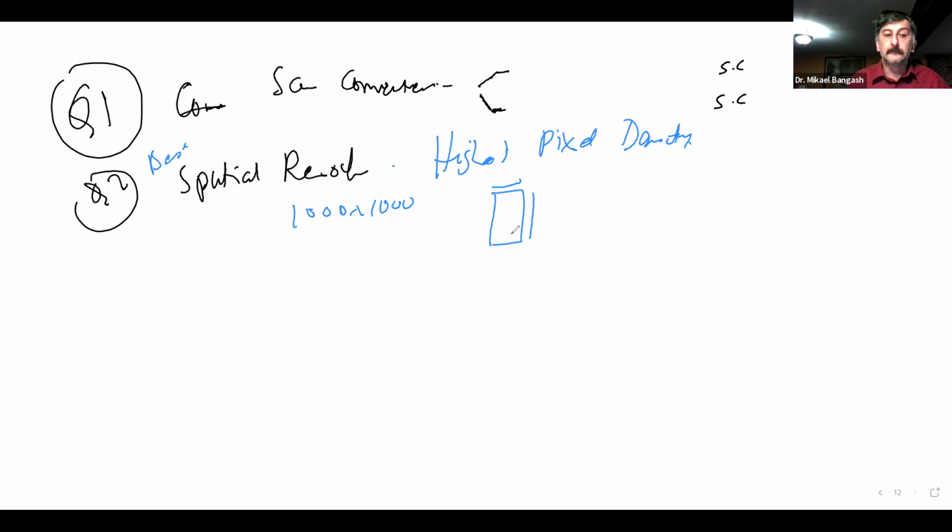The best spatial resolution is the highest pixel density. If they asked about the poorest, that would just be the lowest, which in that case would have been 256 by 256.